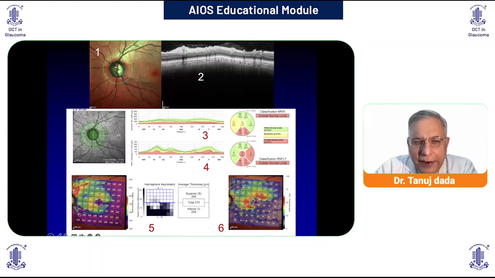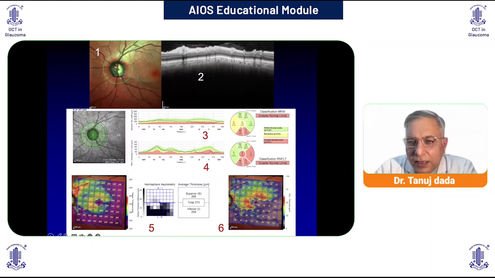The total macular retina thickness, compare the superior region with the inferior region. Here you see this blue sector compared to this yellow sector. So there is a definite loss of the inferior macular thickness confirmed with the hemisphere asymmetry, the inferior black arrow as compared to the normal white. So there is an inferior loss of the retinal thickness in the macula, and ganglion cell imaging confirms that this loss of retinal thickness is due to loss of the ganglion cells.